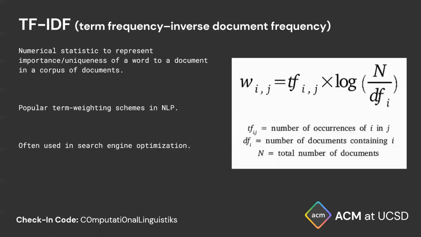Next is TF-IDF, term frequency inverse document frequency. This is often used in search engine optimization in order to find the importance or uniqueness or relevance of a word in a corpus of documents. When we have a lot of documents, how do we determine what are important words in these documents?